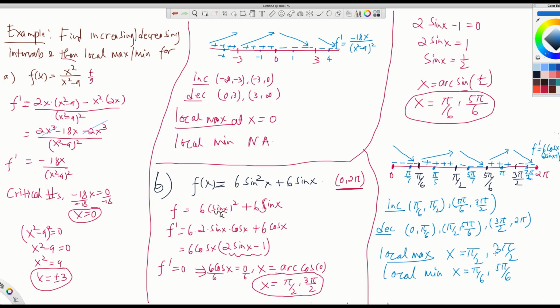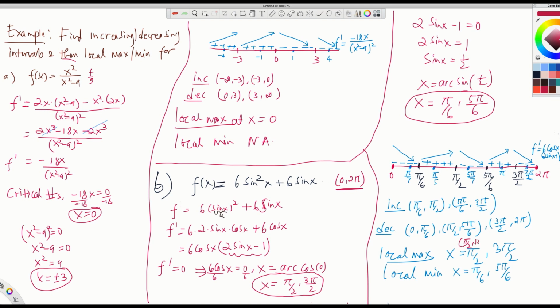Okay, so if you are asked to find the point form, what you do is you will plug in that pi over 2 in the original function. Okay, so what is the function? If you want to write in the point form, this guy pi over 2 can be written as pi over 2 comma, and if you plug in pi over 2 in the function, what do you get? 6 sine square pi over 2 is 6 times 1, plus 6 times 1, is 12.